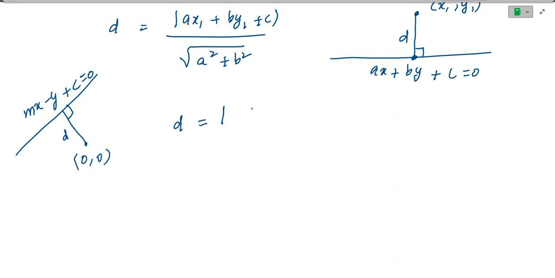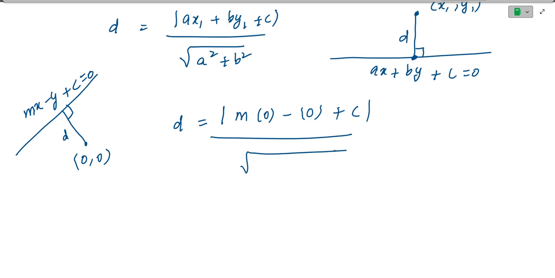So d will be equal to mod of m into 0 minus 0, in the place of y I have written 0, plus c, whole divided by under root of x coefficient, that is m here, m square, plus y coefficient is minus 1, so whole square.